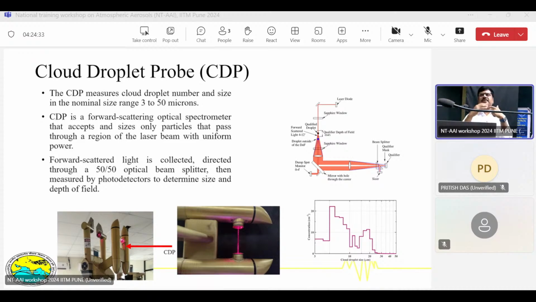If it is completely forward scattering, then it is +1. If it is completely backscattering, it is -1. So the asymmetry parameter can range from -1 to +1. This is also one of the parameters derived from the phase function of angular scattering intensity.